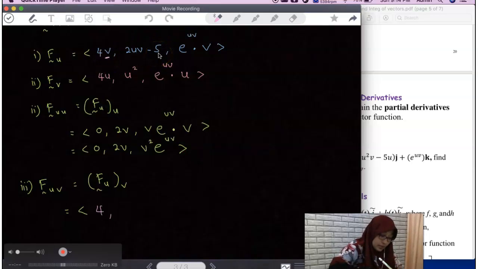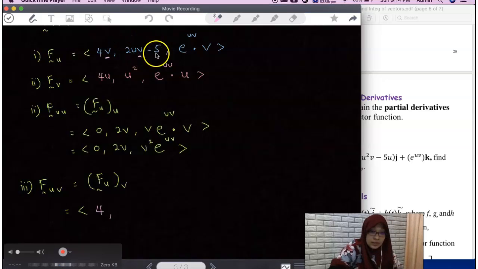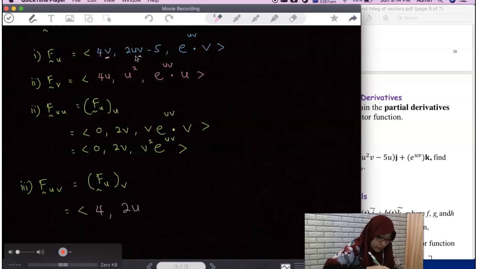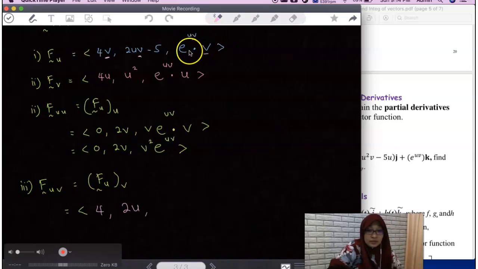When you differentiate with respect to v, 2uv becomes 2u. And this one, what is your v? You have 2v here, outside the exponent and inside the exponent, meaning this is a multiplication of two functions, so you have to apply the product rule.